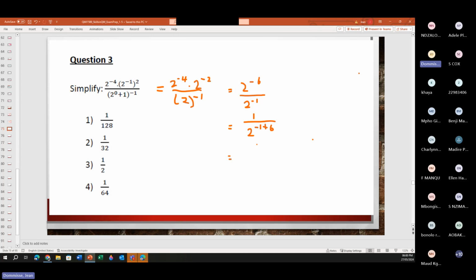So we have a fraction of 1 over 2 to the power of 5. And then I don't have the faintest idea what 2 to the power of 5 is, so I will use my calculator to work that out. But 2 to the power of 5 is 32. And the problem now is 2 to the power of 6 is 64.